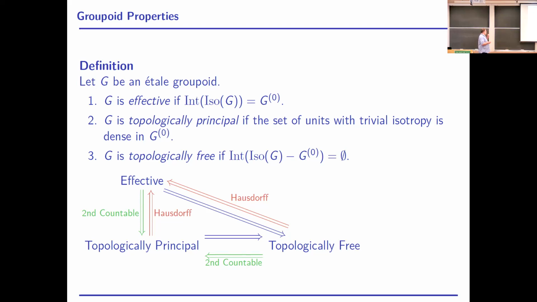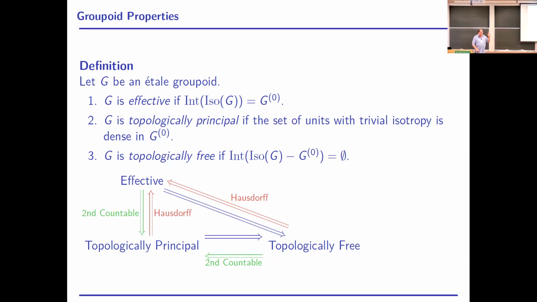If you've only got Hausdorff, then effective and topologically free are equivalent and implied by topologically principal. If you've only got second countable, you've got equivalence of topologically principal and free, and both are implied by effective. And if you relax your conditions completely, with neither second countable nor Hausdorff, you get effective implying topologically free and topologically principal implying topologically free, but no relation between the other two.